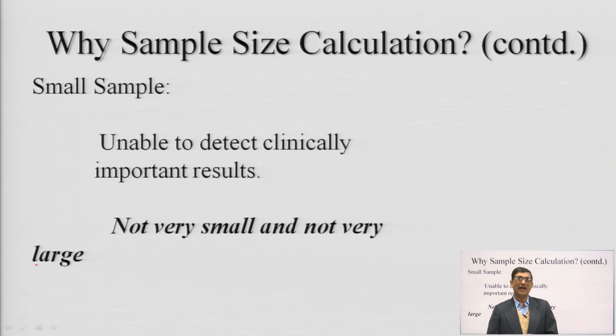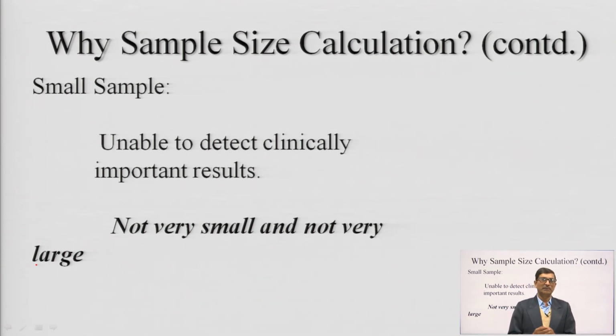If we have small samples, then some characteristics of the population may be absent, and then the sample is not representative of the population. Also, small samples are unable to detect clinically important results.